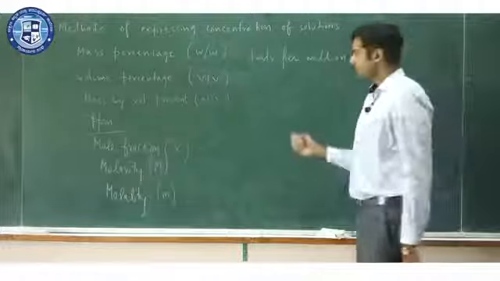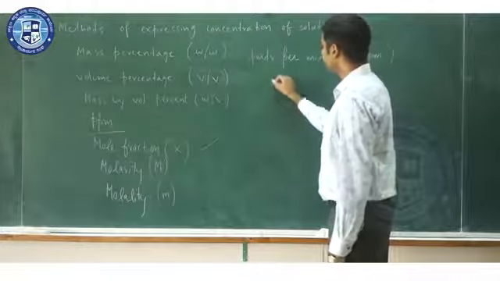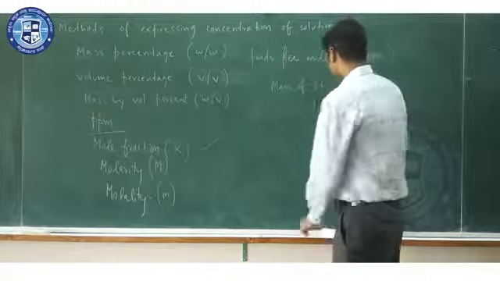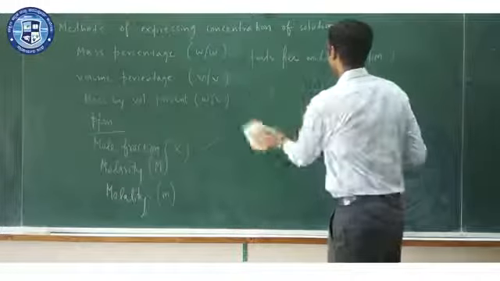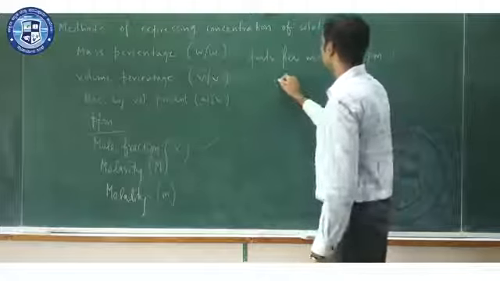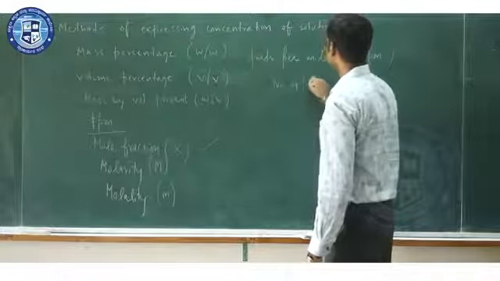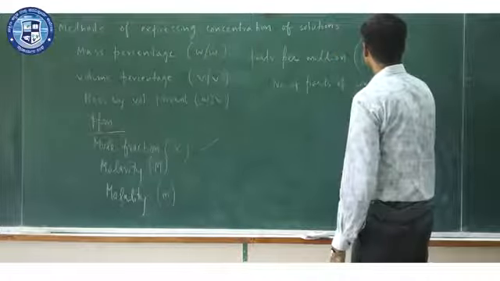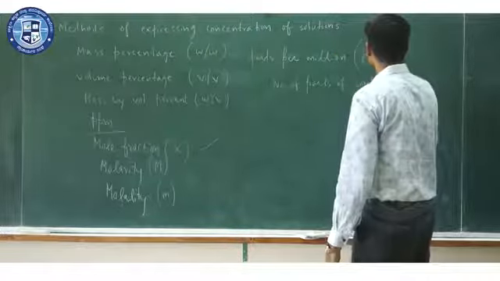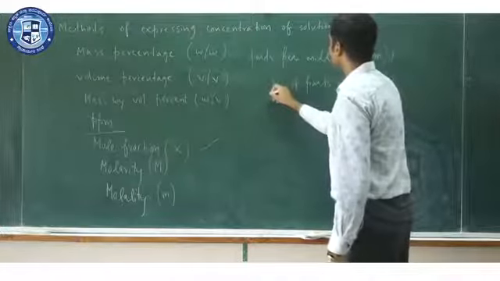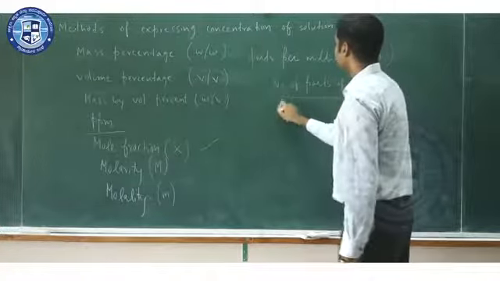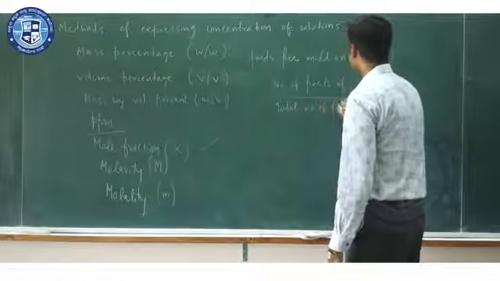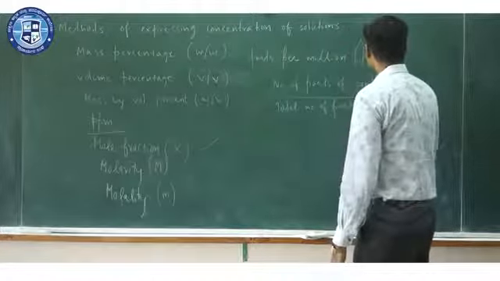Now what is done is, you have got the mass of the component, or let me express this in terms of number of parts of the component, and let me consider the total number of parts of the solution.